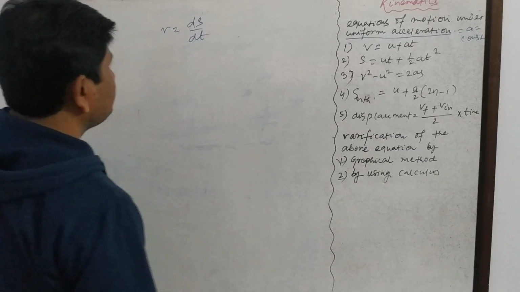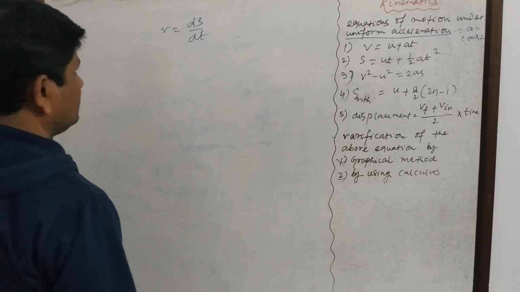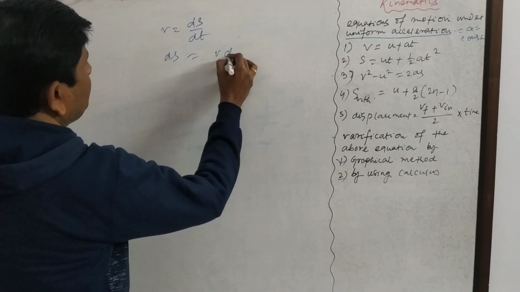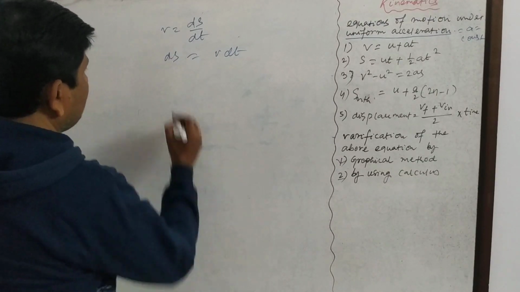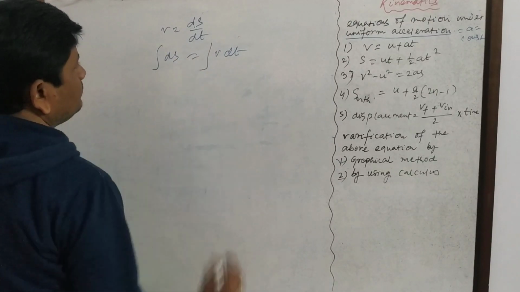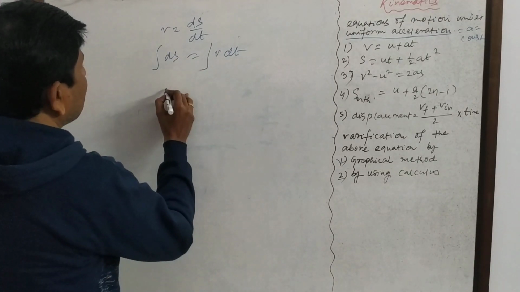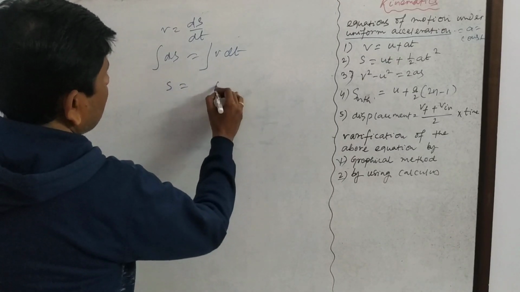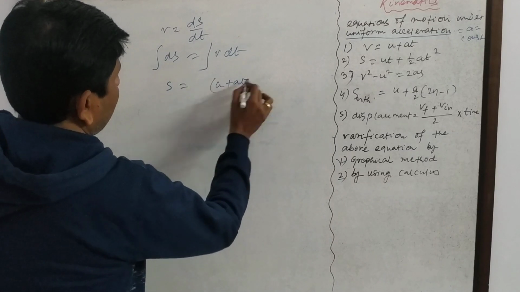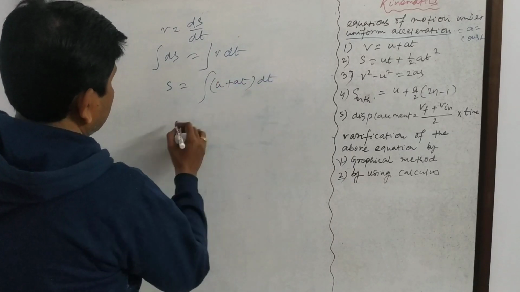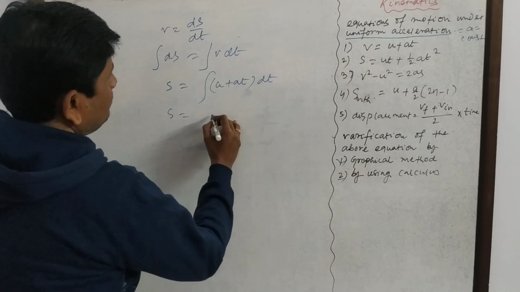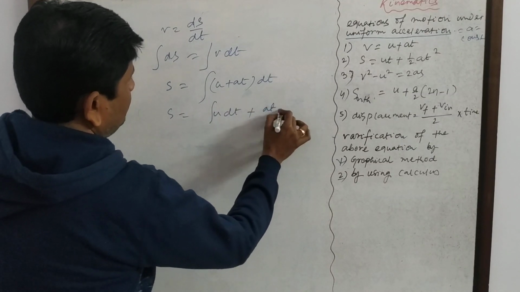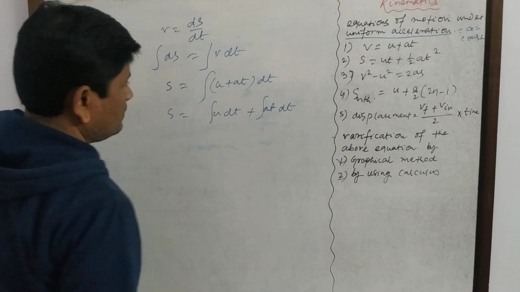We know this. Now ds is equal to V dt. Integrating both sides. Now s is equal to integral of V dt, V is equal to U plus AT, so s is equal to integral of U dt plus integral of AT dt.